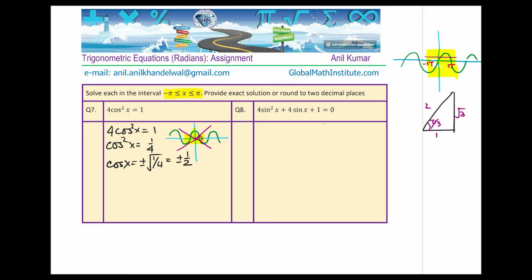So we're looking for four solutions as shown here, and the related acute angle is pi by 3. So the solutions are x equals plus or minus pi by 3. Both of them are within minus and plus pi, correct? And the other value will be 2 pi by 3.